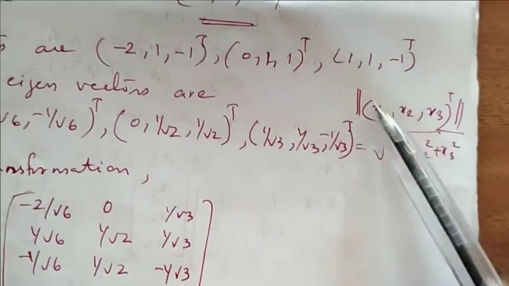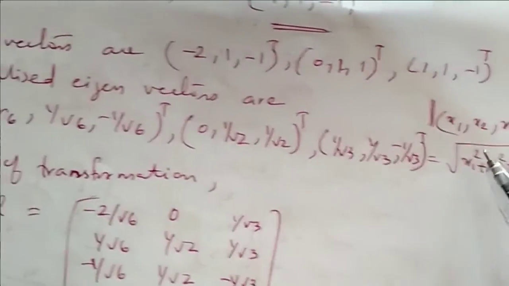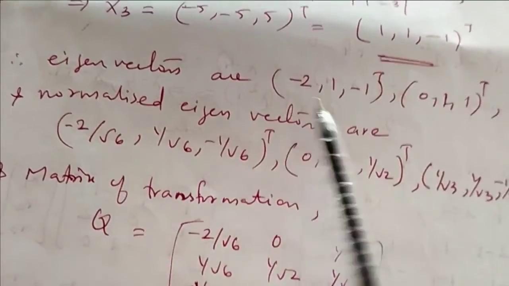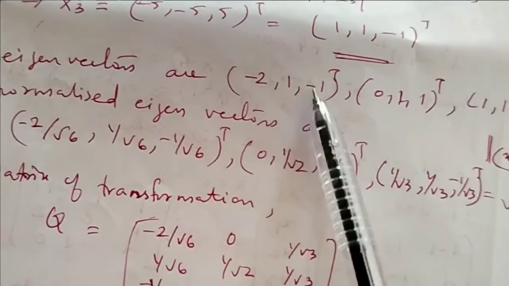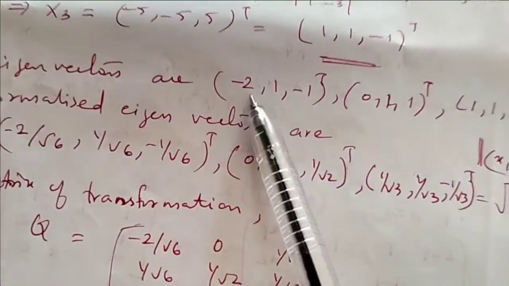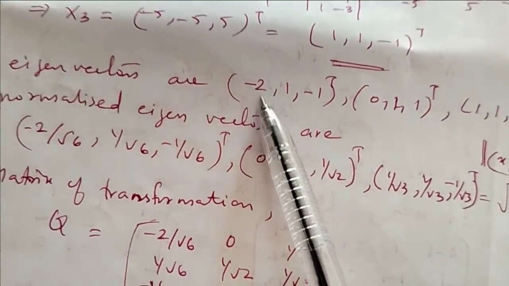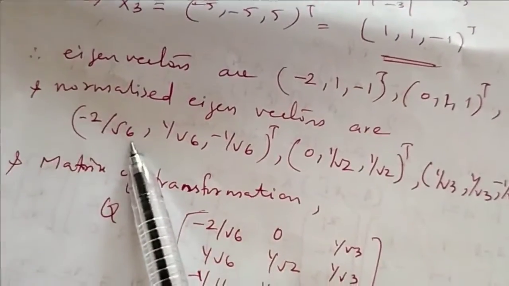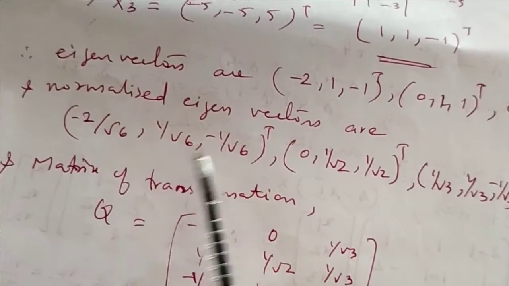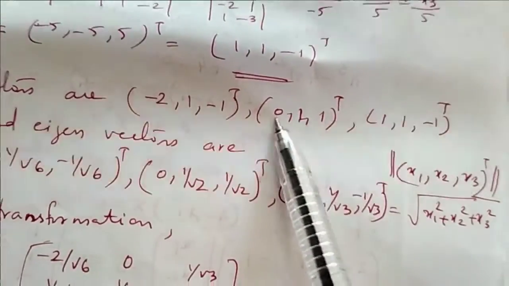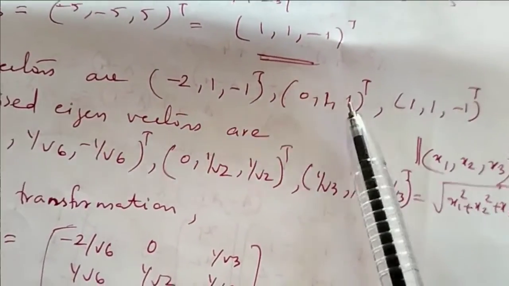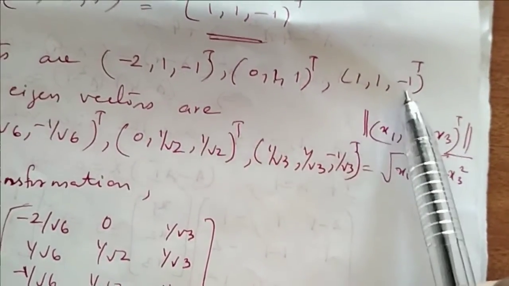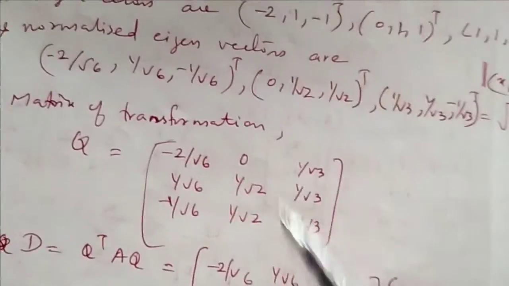Here we call it the norm. For the first vector, the norm is root of 4 plus 1 plus 1, which is root 6, so we divide every term by root 6. For the second one, 0, 1, 1, 1 plus 1 is 2, so root 2. For the third one, 1, 1, minus 1, 1 plus 1 plus 1 is 3, so divide by root 3.